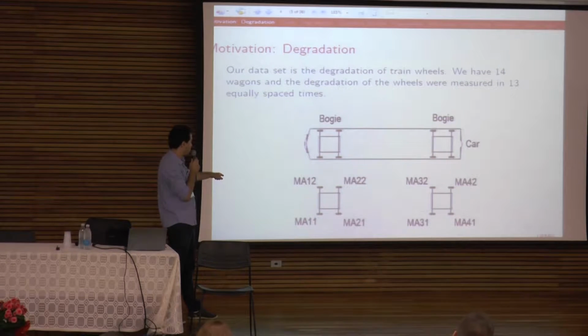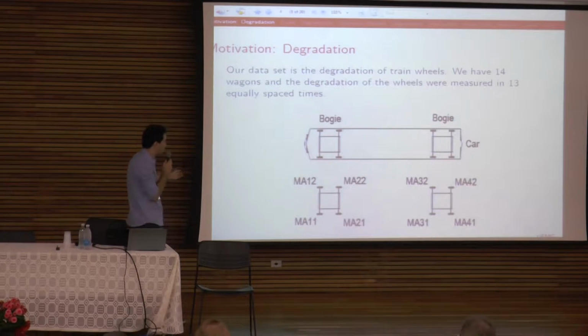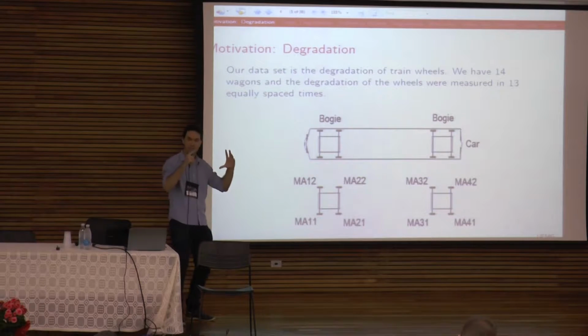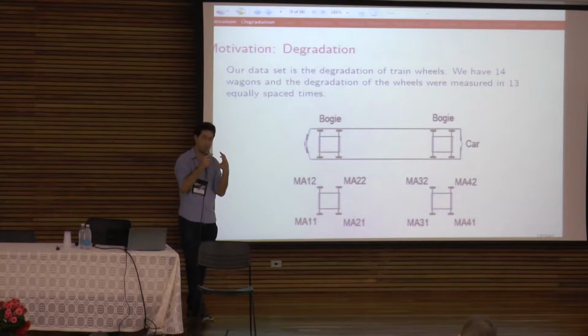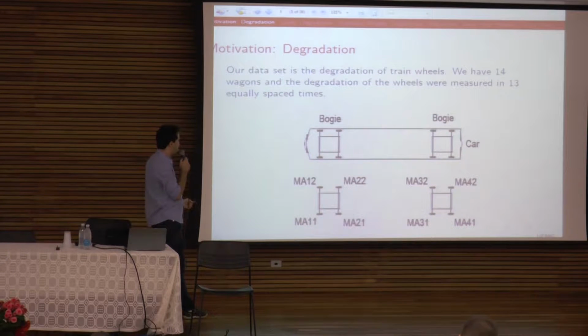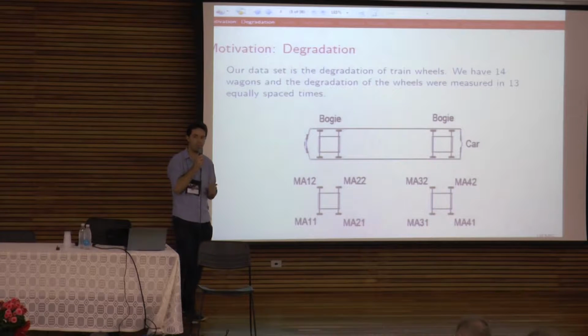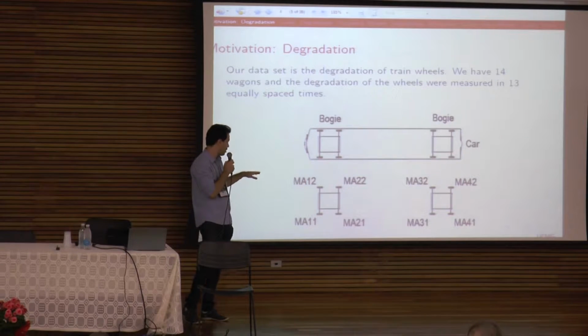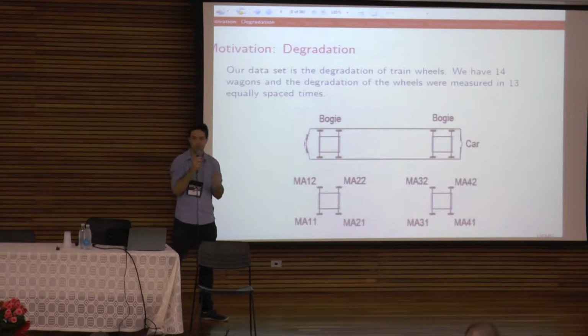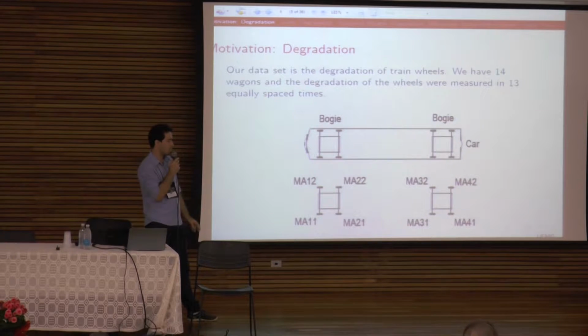And for each position of wheels, we observe the degradation of the diameter of the wheels. We measure this degradation in 13 equally spaced times, and we have 14 wagons. Then we have for each position 14 wheels. So our sample for each position is 14.